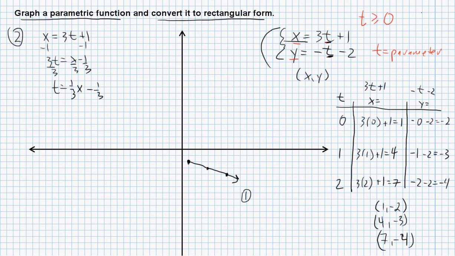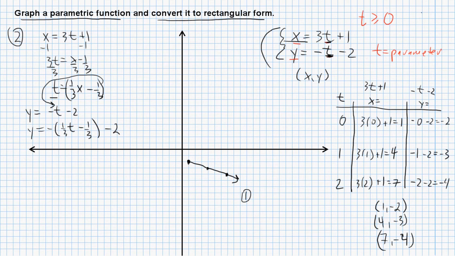Now this t is the same as the t in the y equation. So I'm going to start with the y equation: y equals opposite t minus 2. I'm going to take this entire t expression from the x parametric and substitute it into the t in the y parametric, and then simplify. Y is equal to opposite 1/3 x minus 1/3, and then minus 2.